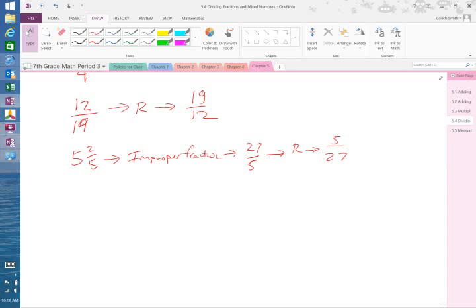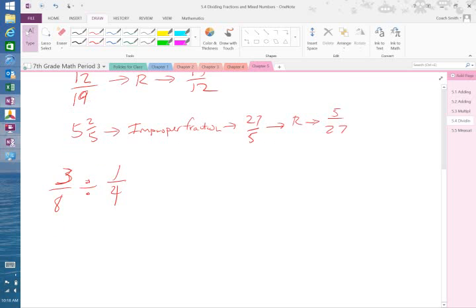Now let's see how we use the reciprocal. Let's say we have this, 3/8 divided by 1/4. Okay, 3/8 divided by 1/4.